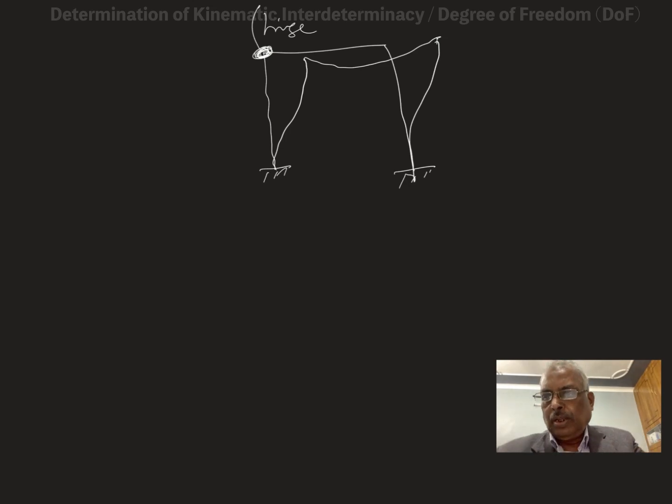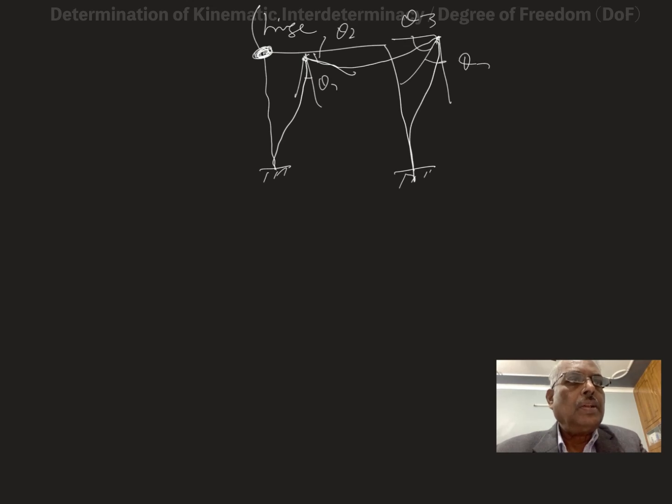So this is theta 1, this is theta 2, and this will be theta 3. Both will be theta 3. And there will be 4 for this internal hinge, and this will be 2.